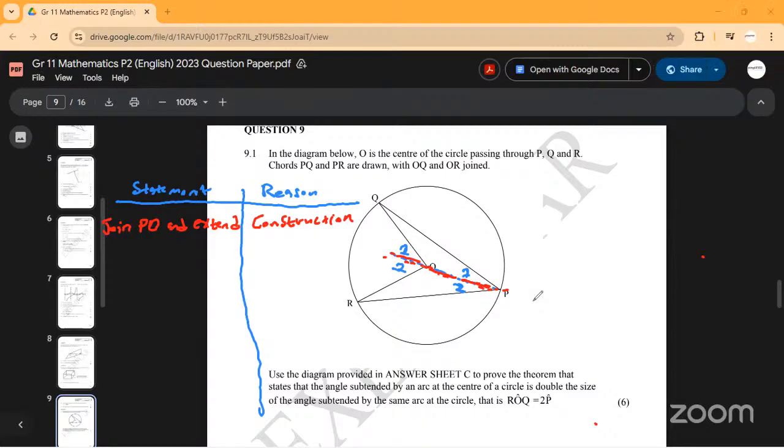The length, I'd say QOP is congruent to ORP, they're the same size. Don't go that side, because you're saying QOP. Yes, QOP and POR. POR, yes, yes.